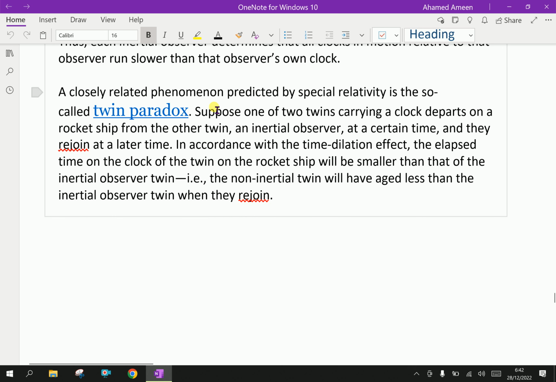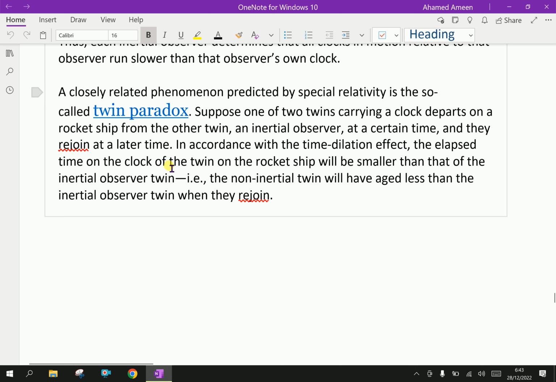A closely related phenomenon predicted by special relativity is the so-called twin paradox. Suppose one of two twins carrying a clock departs on a rocket ship from the other twin. That means one is moving in the rocket at high speed, and the second stays at home, in an inertial reference frame. After some time they rejoin.